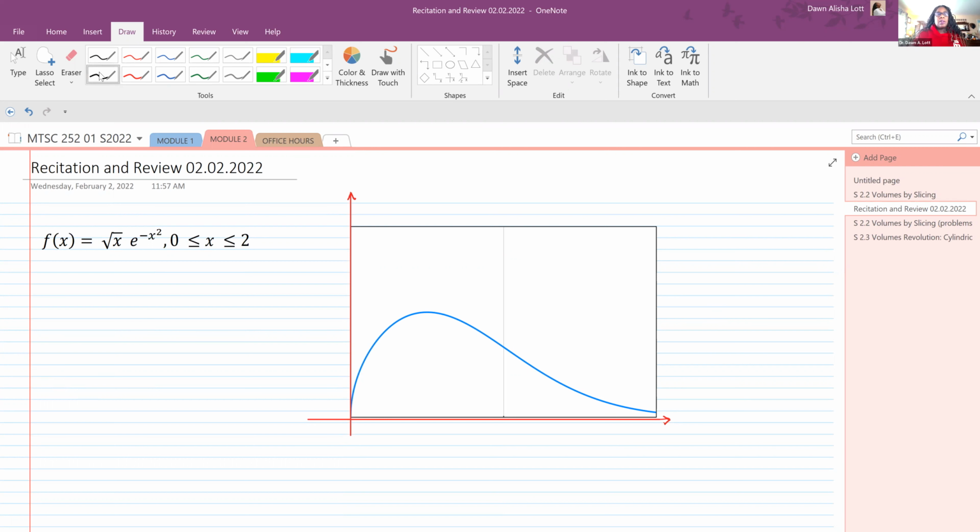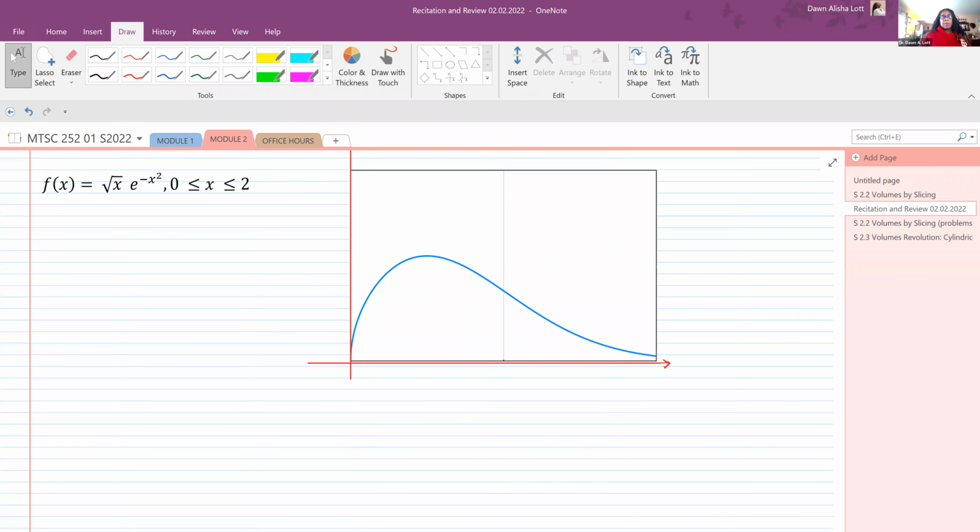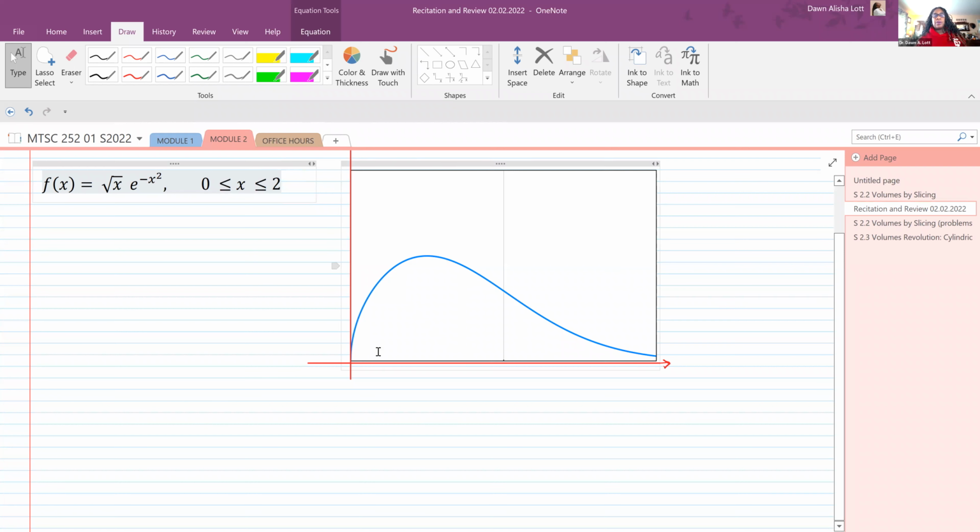All right. So the first problem, it's between x equals 0 and x equals 2. So I graphed this for you.